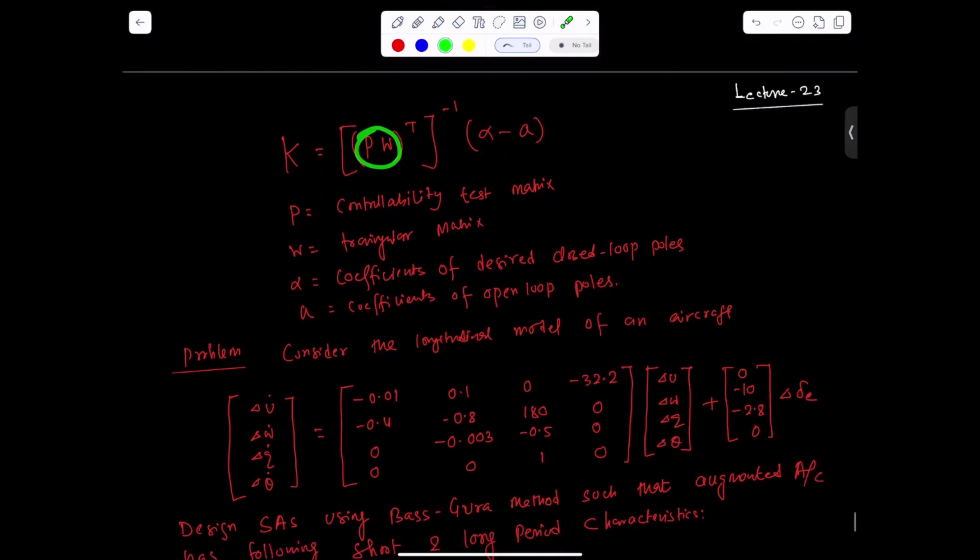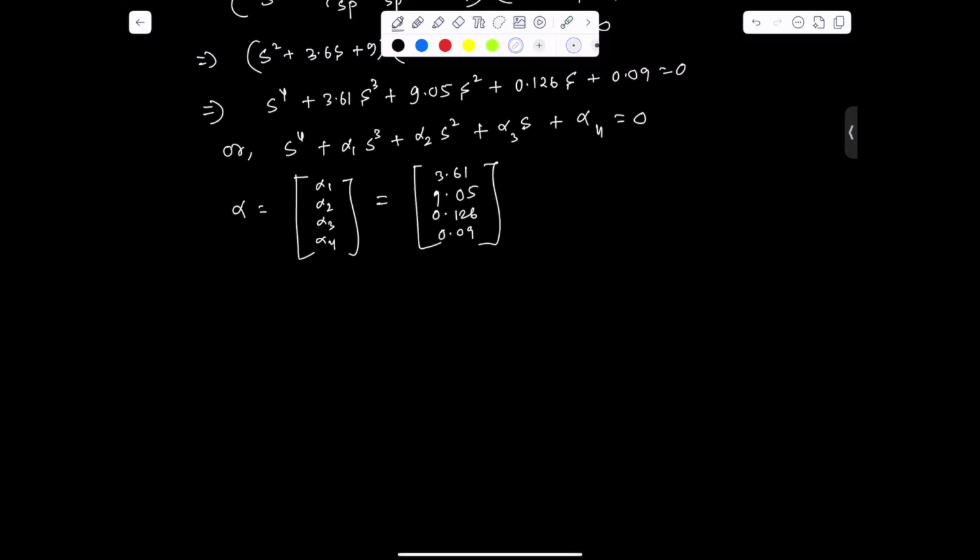So once you find that, then we can use the main equation to find the control matrix K. So now we have to find the P matrix, or controllability matrix.